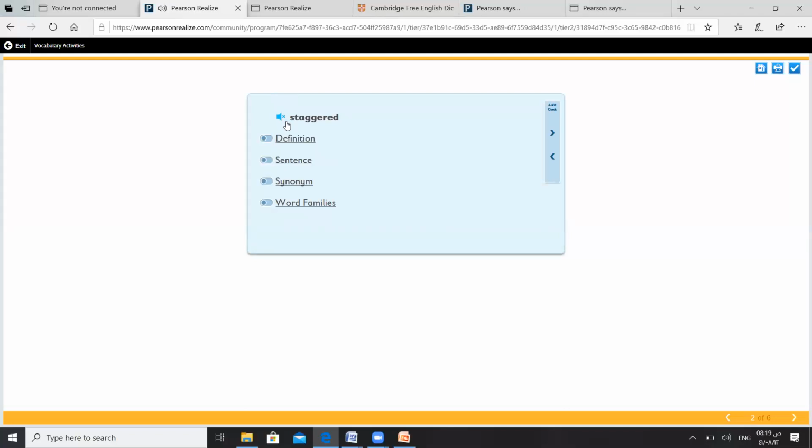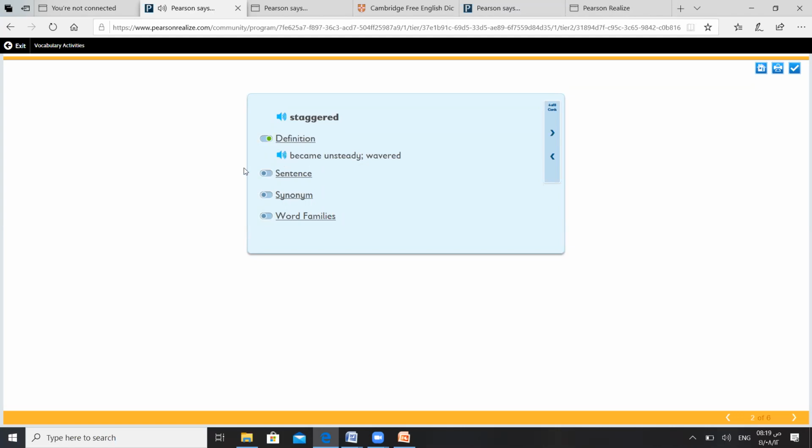Staggered. What do I mean by staggered, grade 4? Became unsteady, wavered.